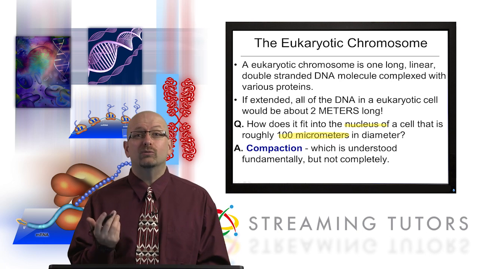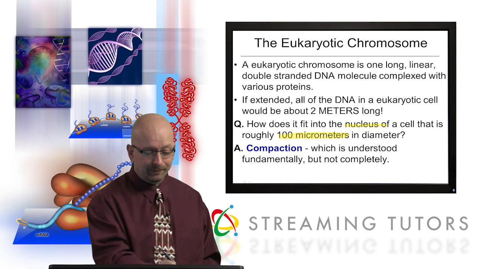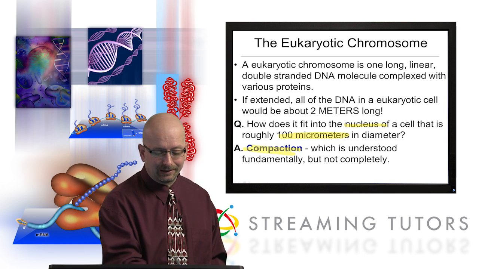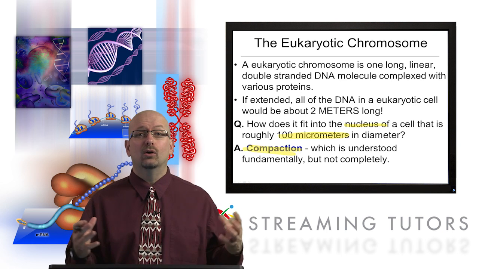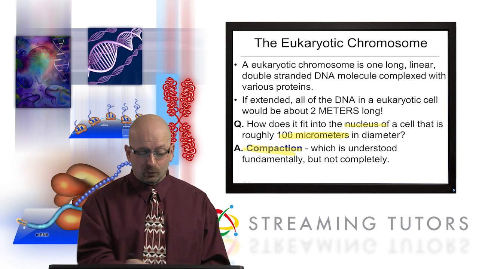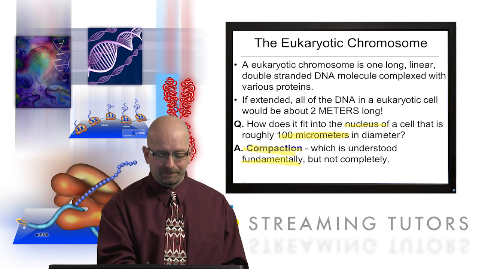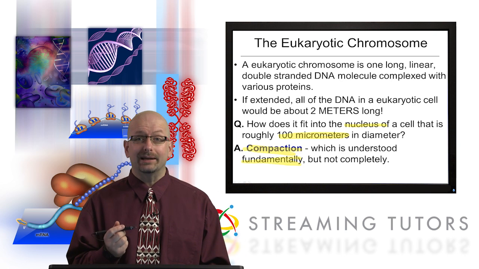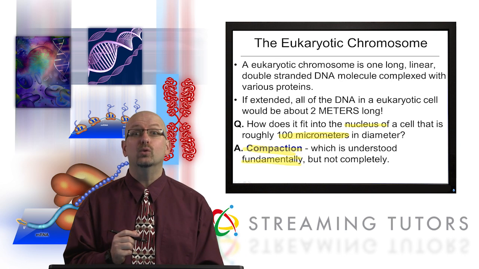So it almost seems necessary, absolutely, that some type of compaction or size reduction of the space it takes to hold this DNA is necessary. So we understand this fundamentally, not totally completely. So I'll tell you what we do know.